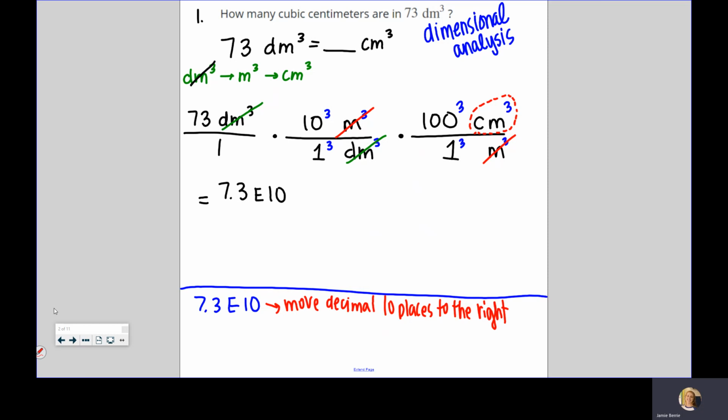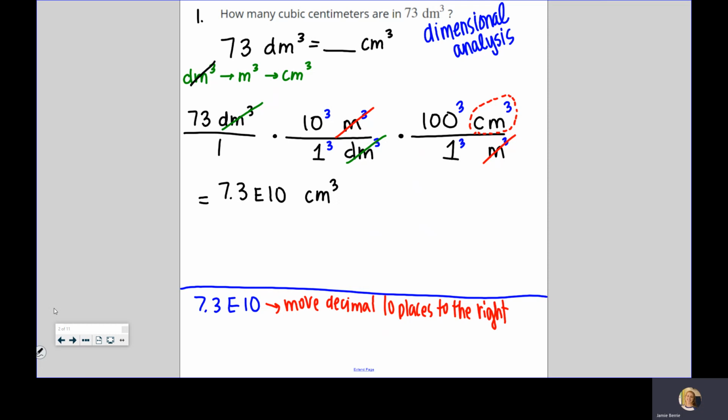And again, the units here are centimeters cubed, so don't forget that, or cubic centimeters. In the bottom, this is just 1 times 1 times 1, which is just 1, so nothing to worry about down there. All the units in the bottom canceled out.